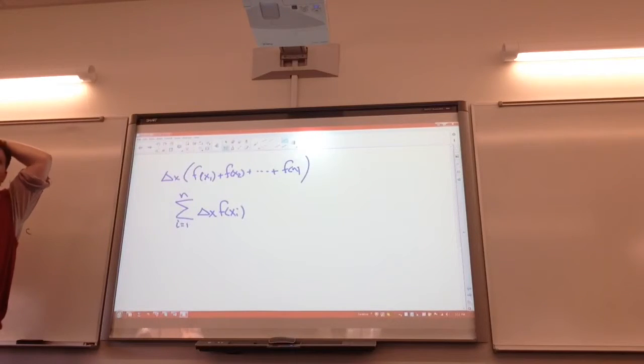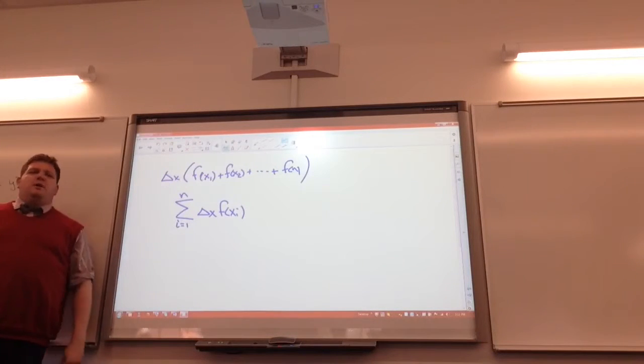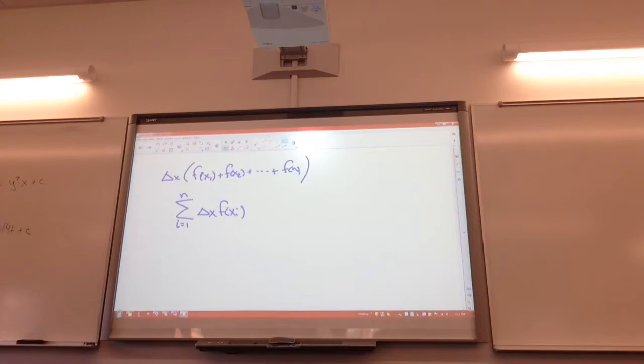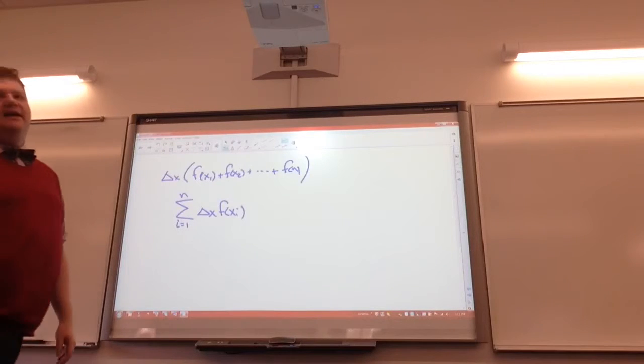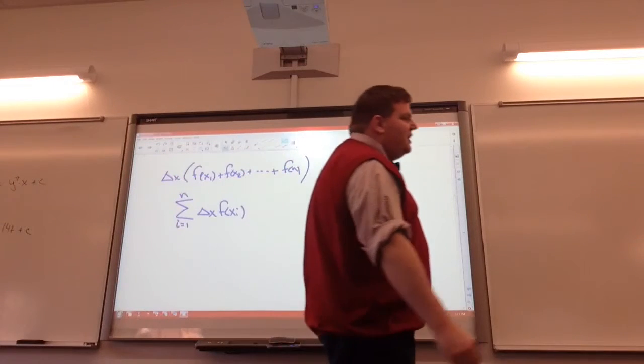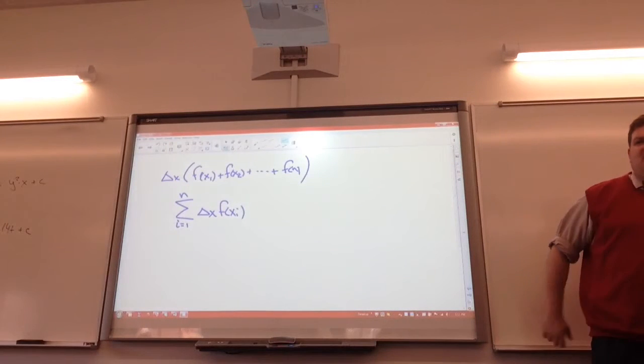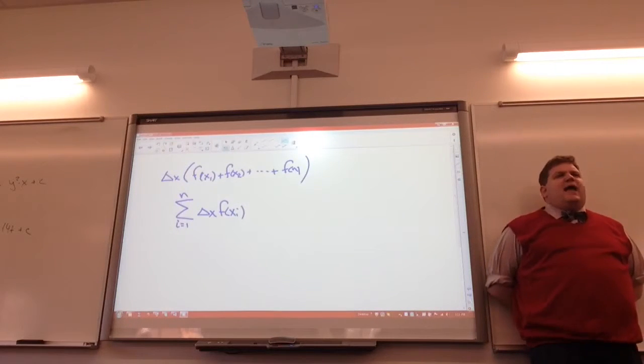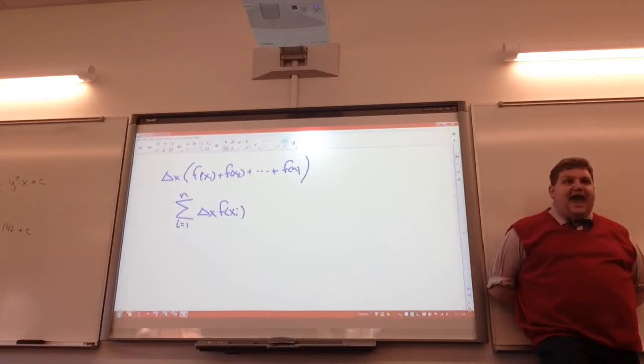Now, we've already established this is all well and good, but if I have a finite number of rectangles, am I going to get the exact area? No. I'm going to need a lot of rectangles. I'm going to want as many partitions as I can possibly have, so an infinite number of partitions.